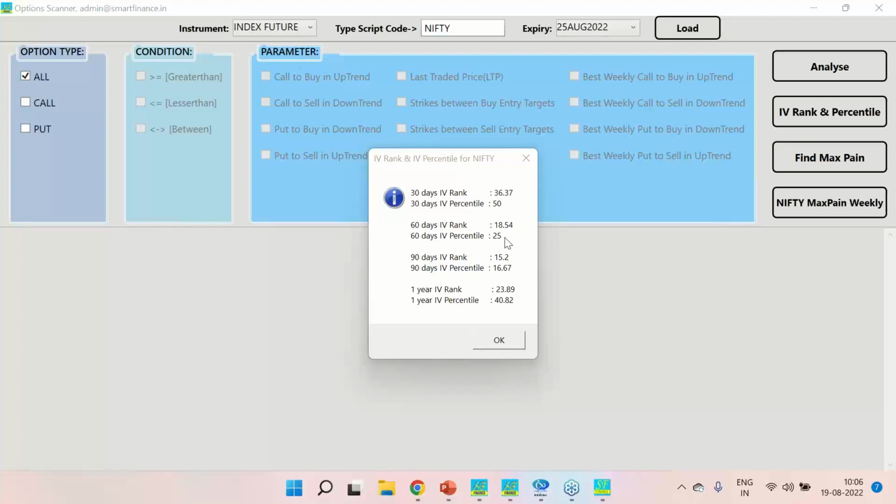IV rank and IV percentile are suggesting this. IV rank for August is 36, September 18 and October 15. However, September and October are still a long way to go because IV percentile is 25% and 16%. So based on that, the current situation suggests that we are in a consolidation market.